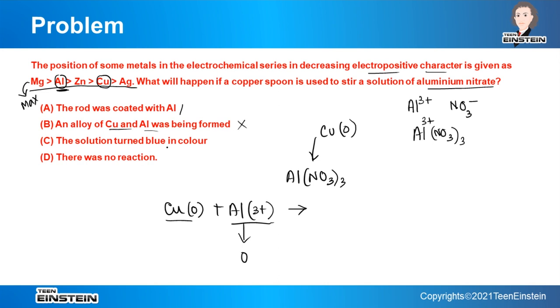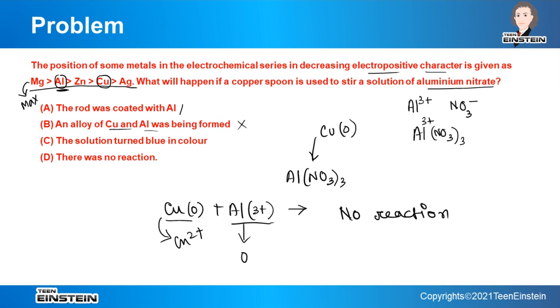The solution turned blue in color. That means it is trying to say that copper can be oxidized to Cu2 plus by aluminium. But aluminium cannot oxidize copper because it is more electropositive, so it will always try to feed electrons to another system. So it cannot accept electrons from copper. So ultimately, there will be no reaction.